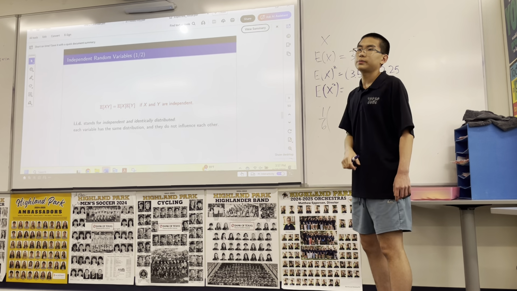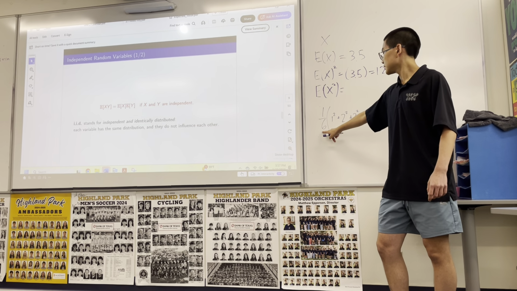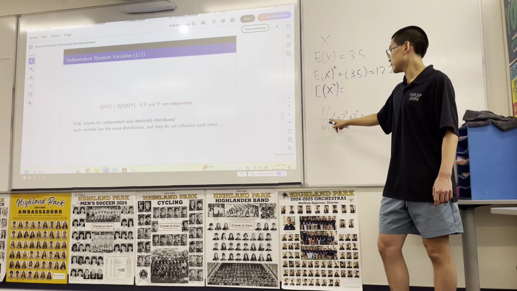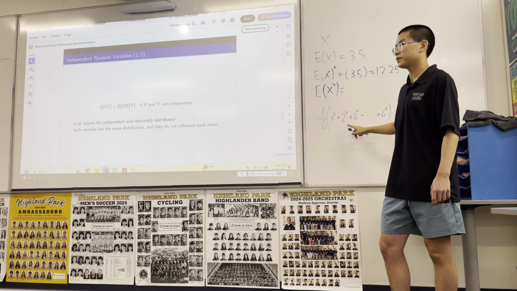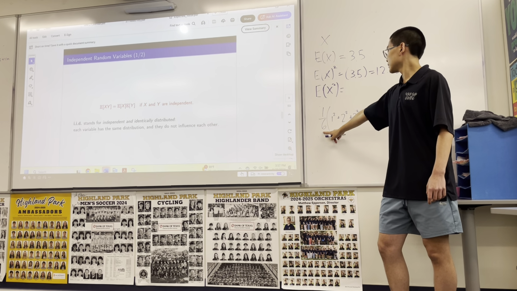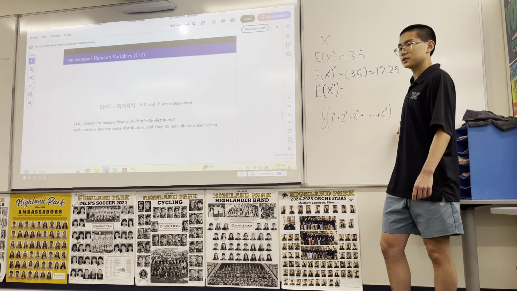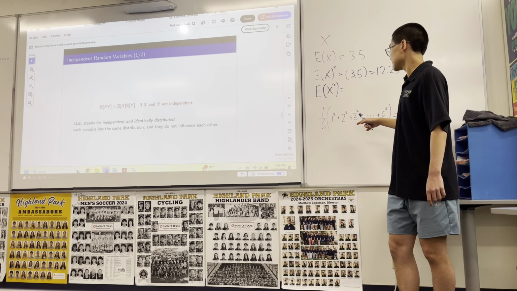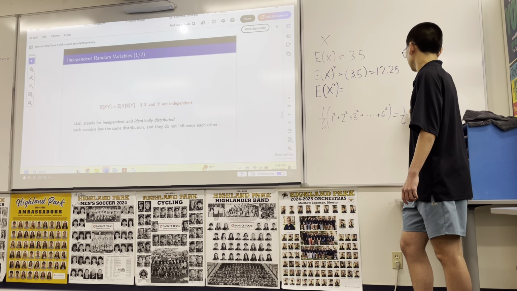Each one has probability 1/6, so it's 1/6 times the value of the first event, 1 squared, plus 1/6 times the value of the second event, 2 squared, 1/6 times 3 squared, and so on, up to 6 squared. Anyone know what this is? 91 over 6. Okay.